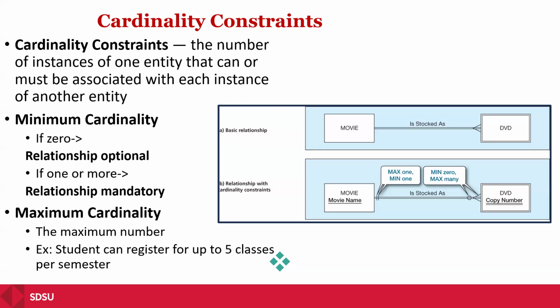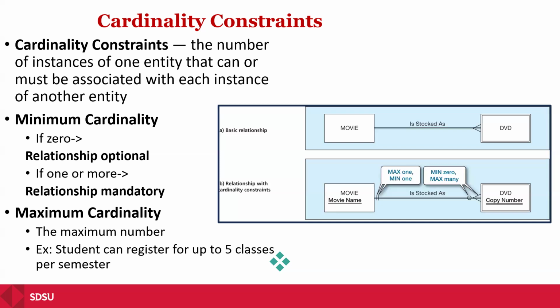So here, for example, a DVD must contain at least one movie, because a DVD must implement something, right? So a DVD must have one movie.